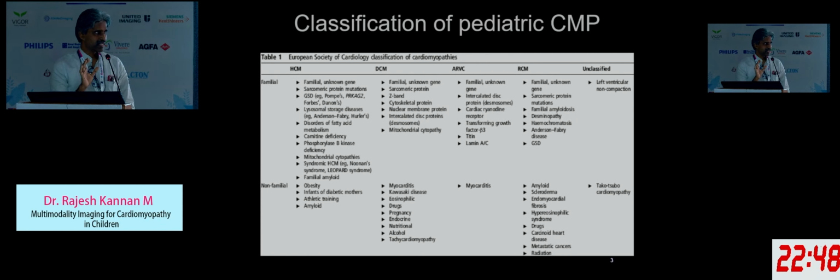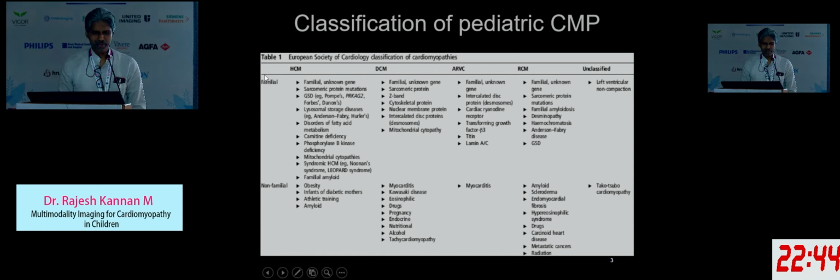Coming to the classification, it is nearly the same as adult cardiomyopathy. Basically, we classify into hypertrophic cardiomyopathy and dilated cardiomyopathy. These two form the major part of pediatric cardiomyopathy, and other types include arrhythmogenic cardiomyopathy, restrictive cardiomyopathy, and unclassified forms like LV non-compaction. All cardiomyopathies can be further subdivided into whether they are familial, where there is a genetic cause, or idiopathic, or non-familial.